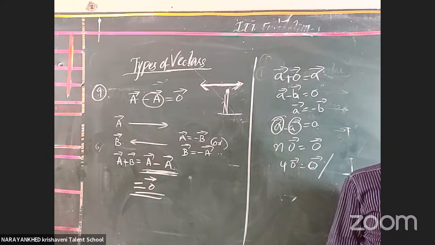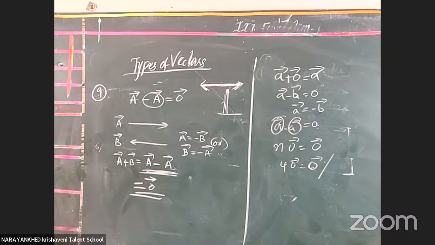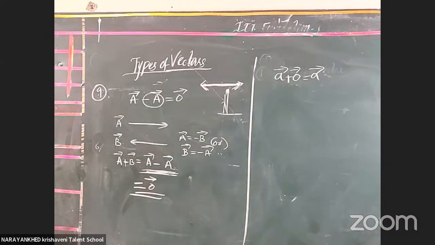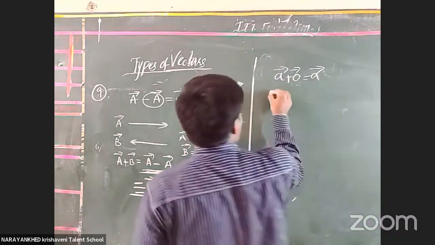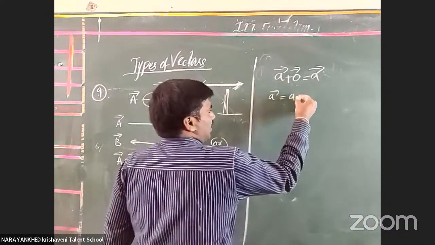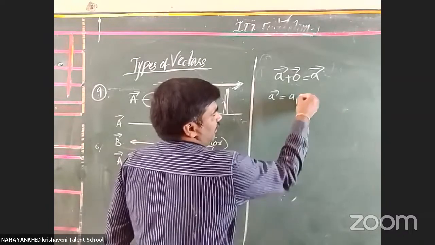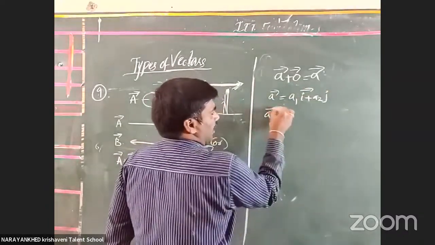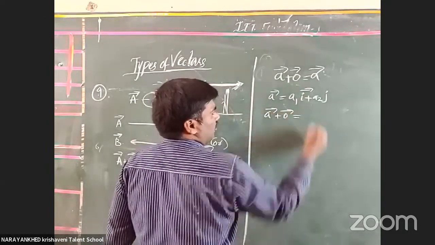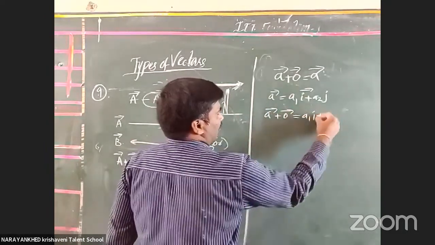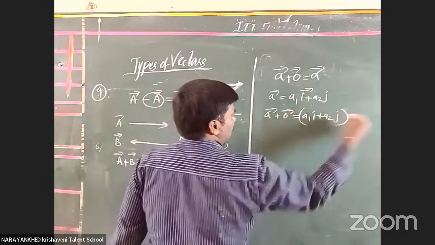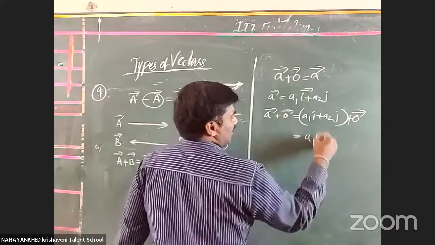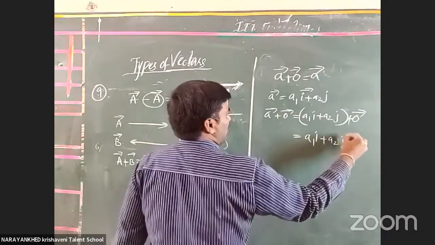Suppose I take A bar as one of the vectors. Please note this down. A bar is represented as A1 i plus A2 j bar. Now A bar plus 0 bar is equal to A1 i plus A2 j plus 0 bar, which again gives A1 i plus A2 j only.